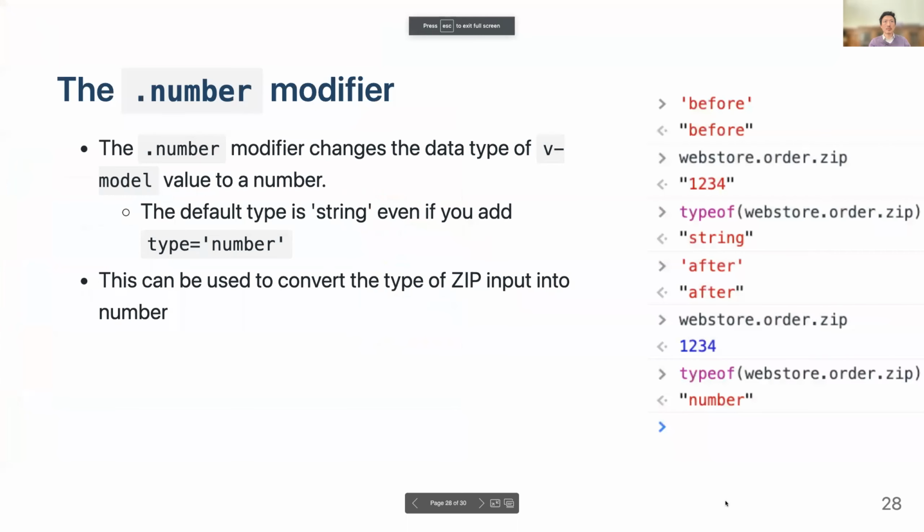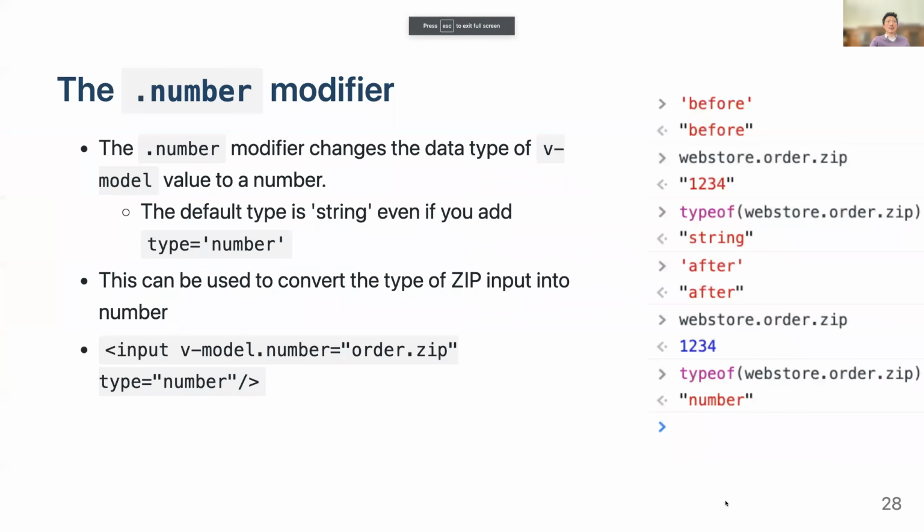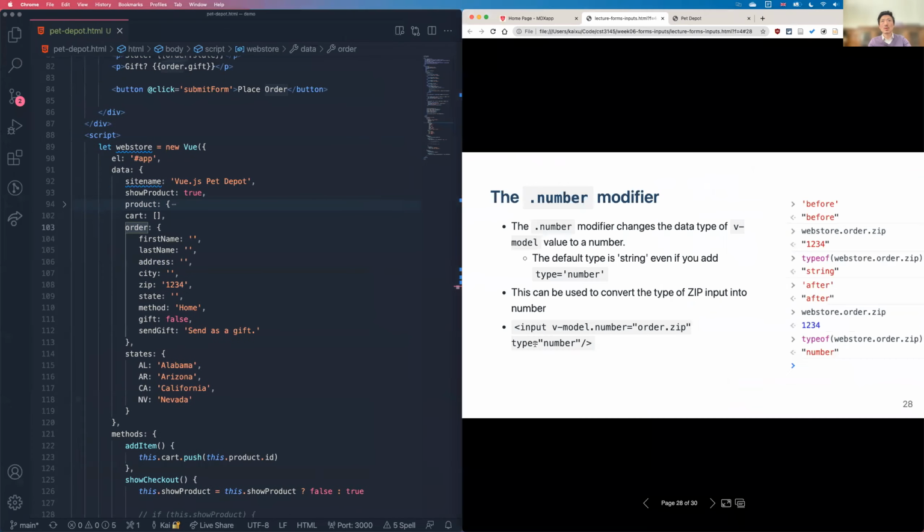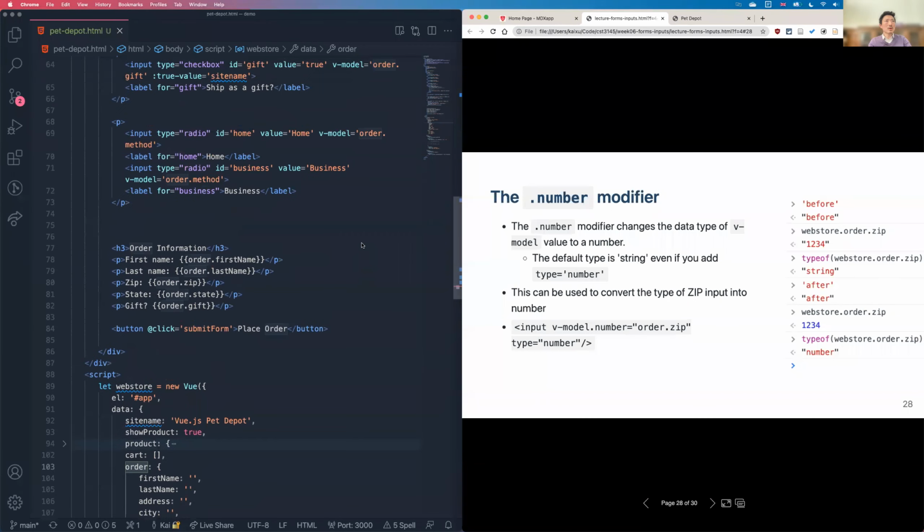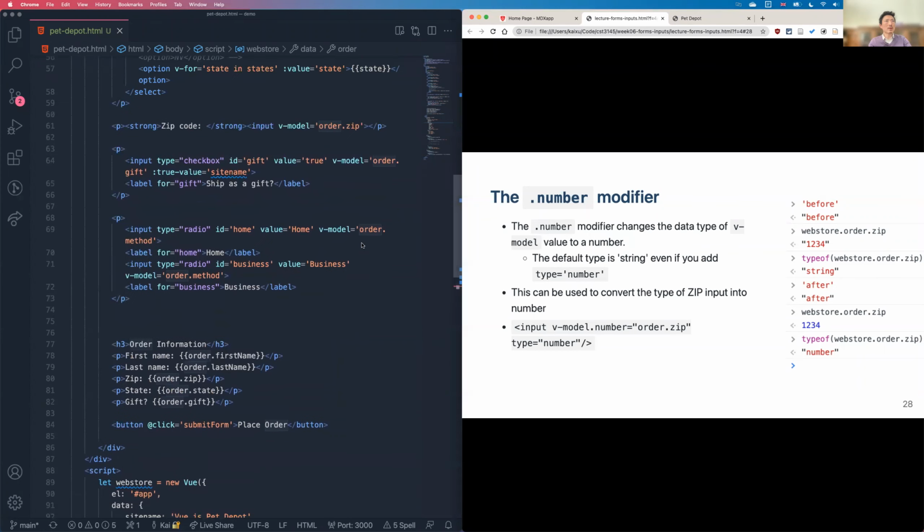Obviously you want to change that to a number, because that makes more sense, and you just say v-model.number. That converts the input to a number. So if I do that in the code now, where is the zip code?